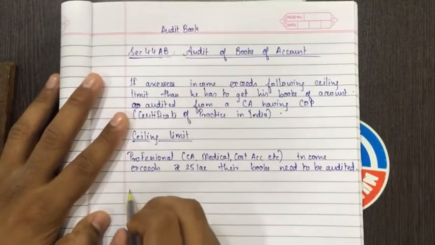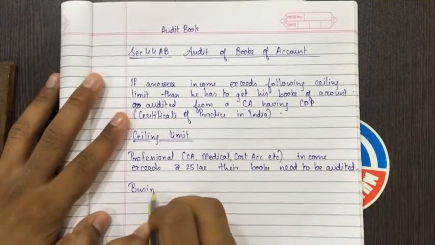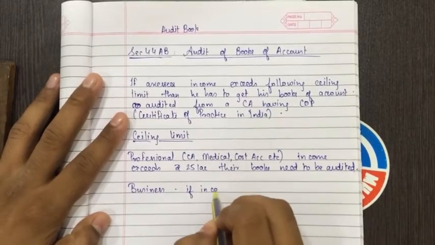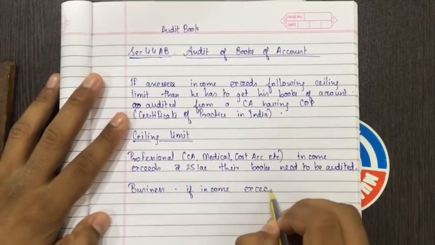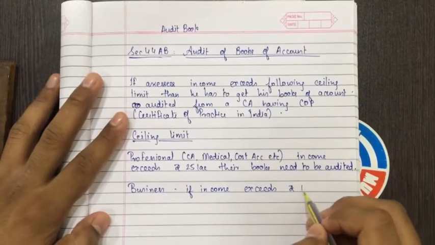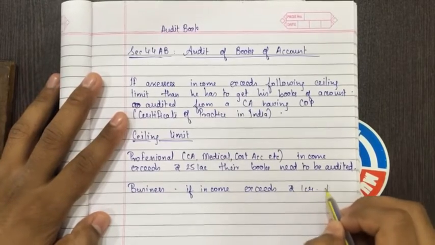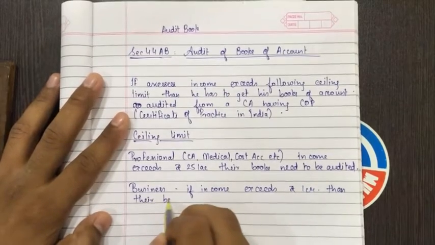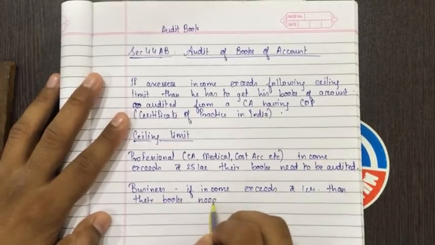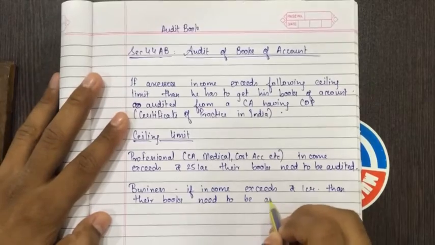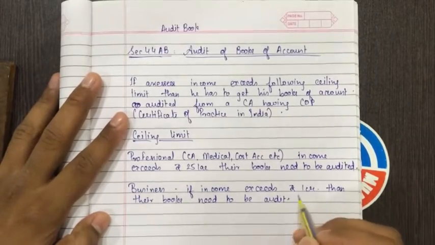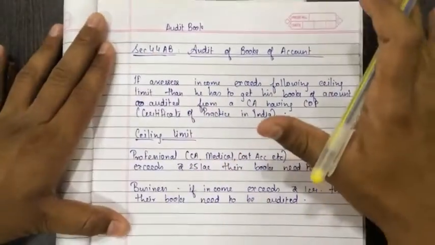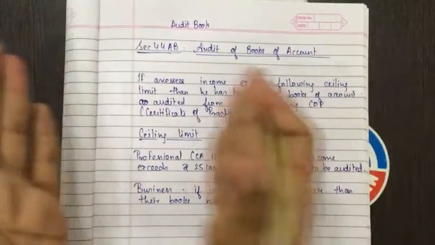For normal business, if income exceeds rupees 1 crore, then their books need to be audited. So this is the theory for section 44AB.